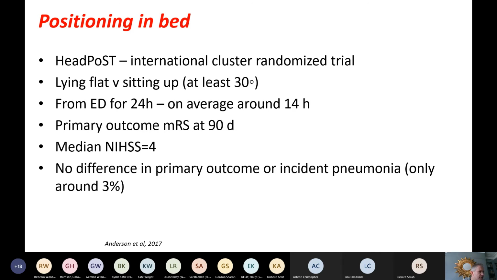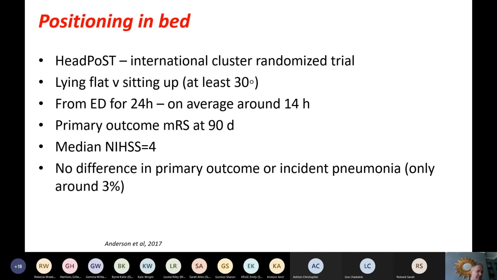So in the HeadPost trial, the idea was to randomize to one of these two positions. Unfortunately, as was always going to be the case, this ended up being a trial of very minor strokes because they were easy to recruit into the trial. So the question primarily wasn't really addressed in patients perhaps with more severe stroke as to whether lying them flat would help.